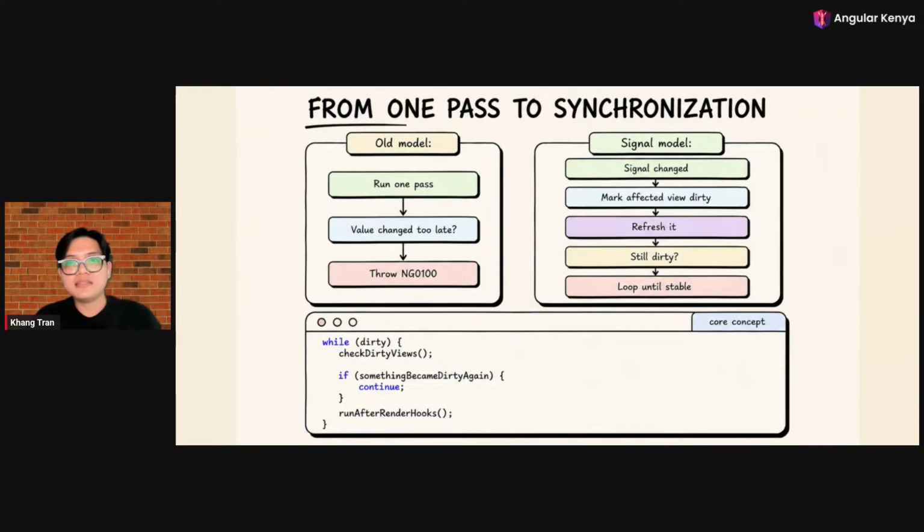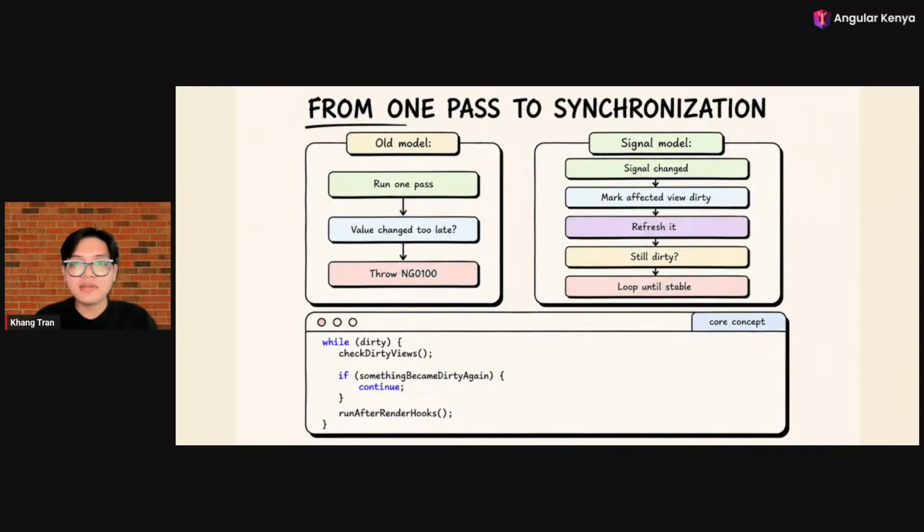If something changes later, Angular crashes in dev mode and throws ExpressionChangedAfterItHasBeenChecked. But with signals, Angular has more information. If a signal changes during synchronization, Angular can see that change. So it marks the affected view's reactive consumer dirty, and then it can refresh that view again and continue until the UI becomes stable.